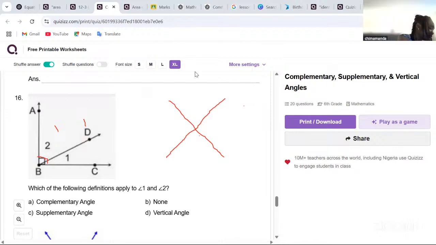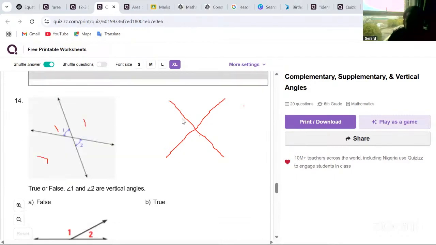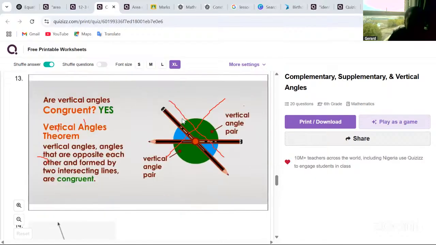Okay, so just to summarize, I'll say again, what is complementary angles? Gerald? Complementary angles are two angles that add up to 90 degrees. Very good. Chimamanda, what is supplementary angle? Supplementary angles are two angles that add up to 180 degrees.